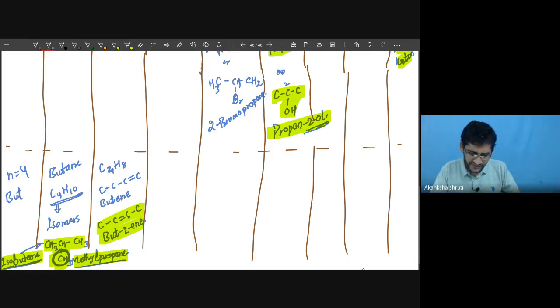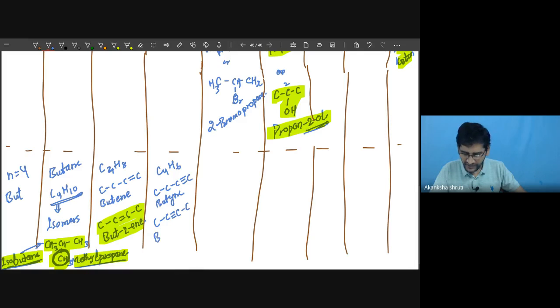Another, C4H, 8 minus 2 is 6. So a structure can be the straight one with the triple bond here. So it will be butyne, and maybe the triple bond in between, with CH3 and CH3 at the end.